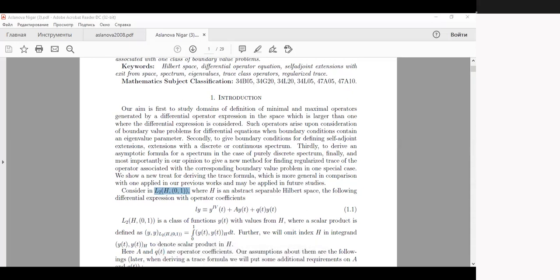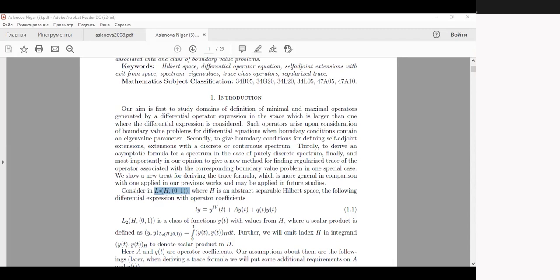As you see, my expression is fourth order, and it differs from an ordinary differential expression in the coefficients. A here is an operator coefficient, and another operator coefficient is Q(t). All y's are taken like that.